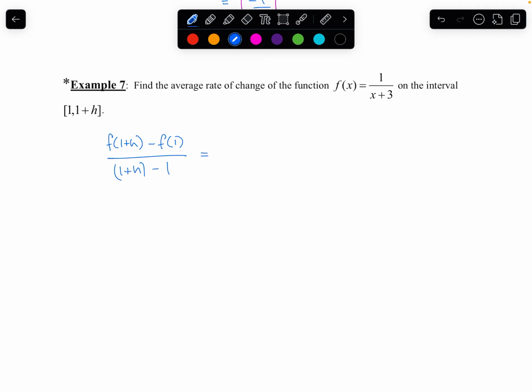So now this is equal to, again, wherever I see x in my formula for my function, I'm going to be plugging in 1 plus h. So to remind myself of that, I have 1 over, and then I have a parenthesis for x plus 3. So then in the parentheses, I put 1 plus h.